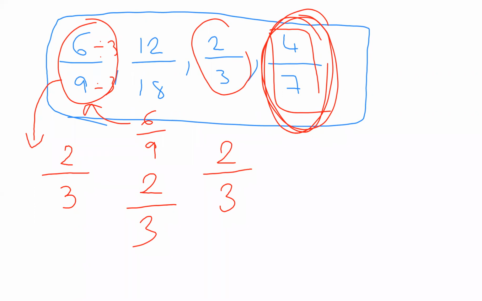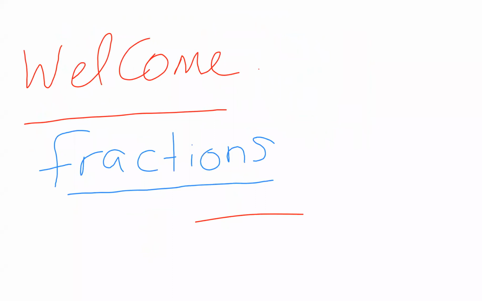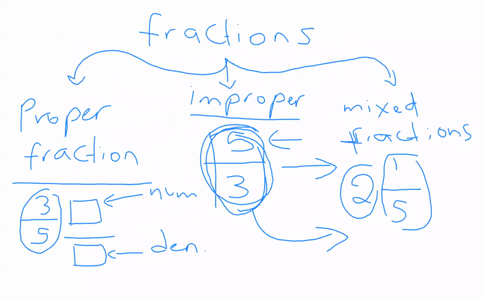At the beginning, we talked about fractions, and we said that we have 3 types of fractions: proper, improper, and mixed. Proper fraction is the normal case, like you can carry your baby brother or baby sister, but vice versa we cannot do it.